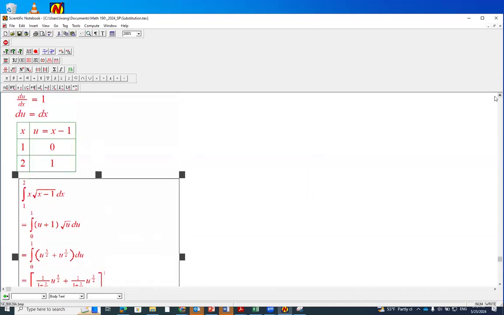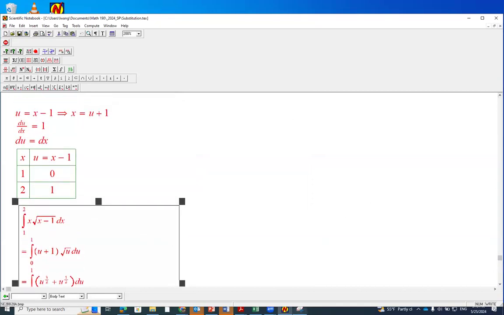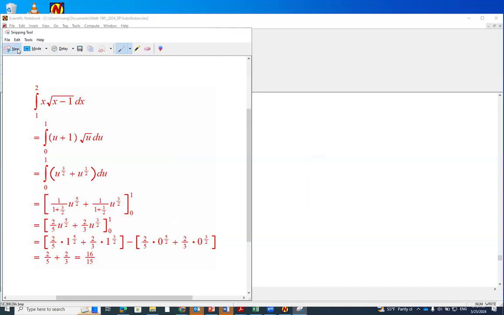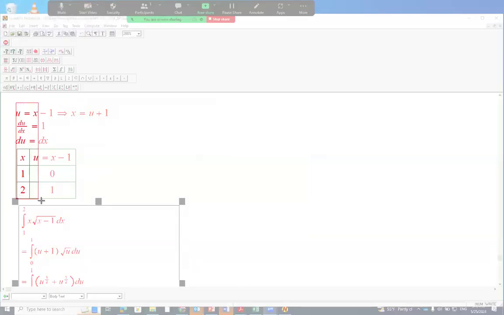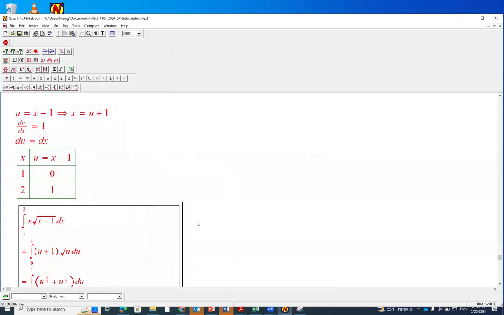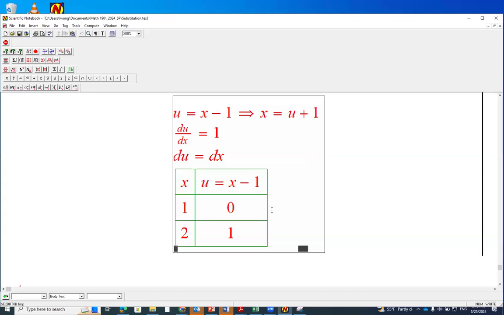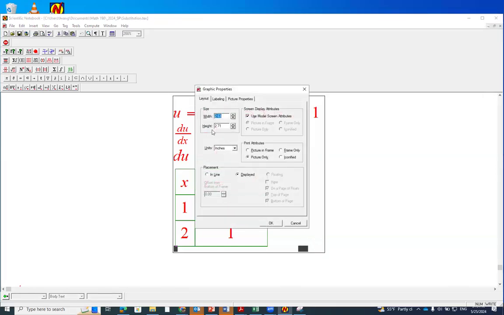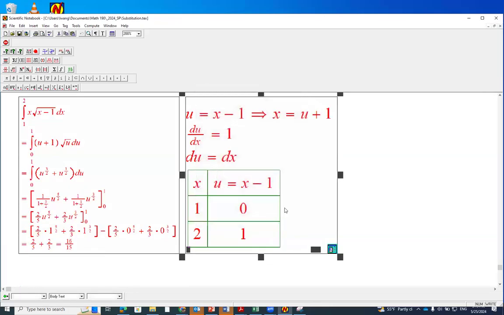And the other work we did, screenshot it and put it by side. Here we go. So you can show your work side by side like this on your paper. If that's clear.